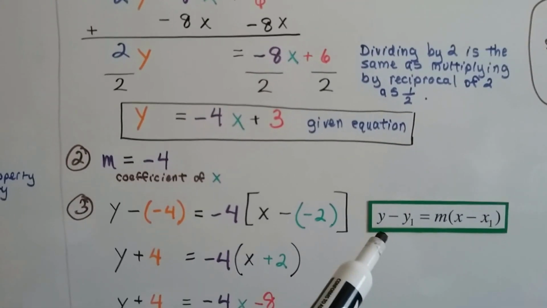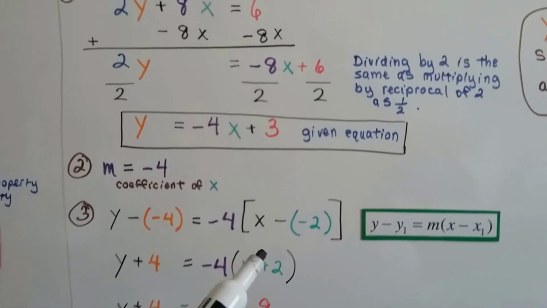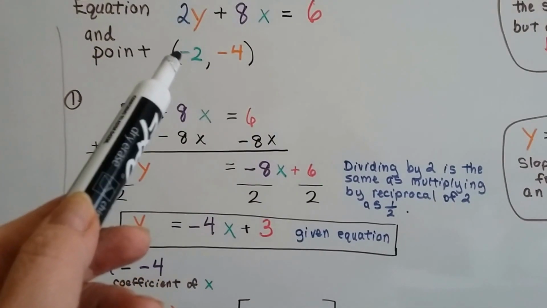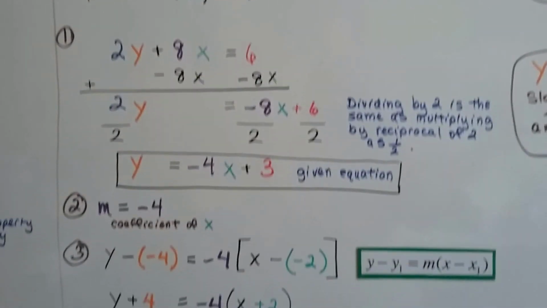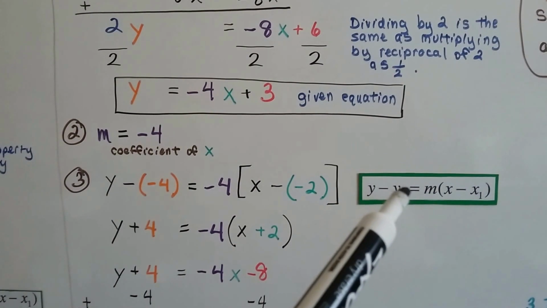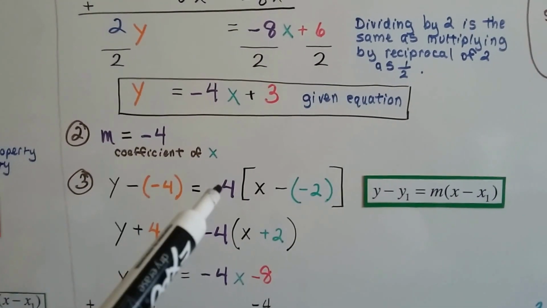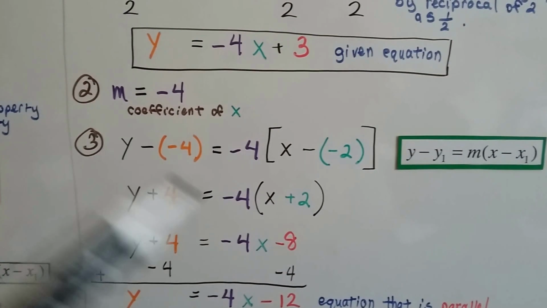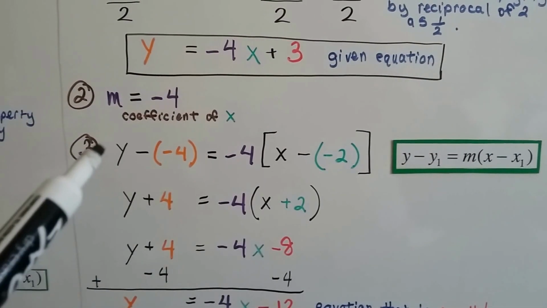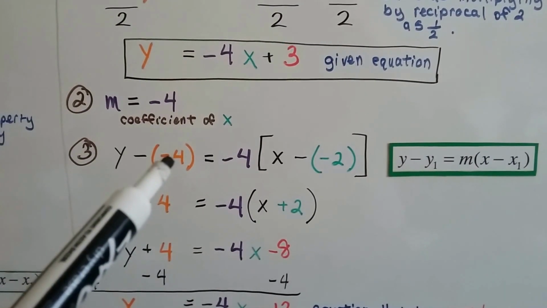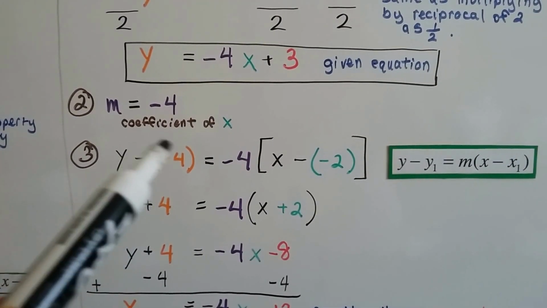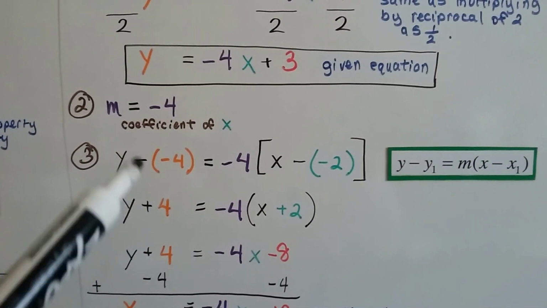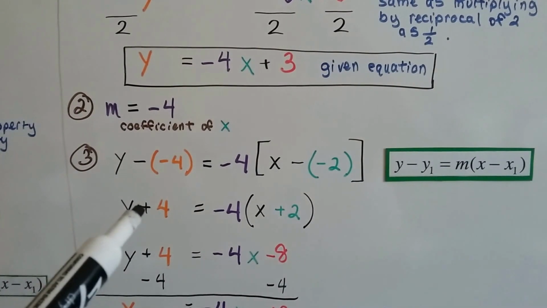Now we need to use the point-slope form, and we take our points. X is -2, y is -4, and we plug them into the point-slope form with the -4 as our slope. And we end up with y minus y1 would be y minus a -4. And when we do a negative in subtraction, we add the opposite, don't we?